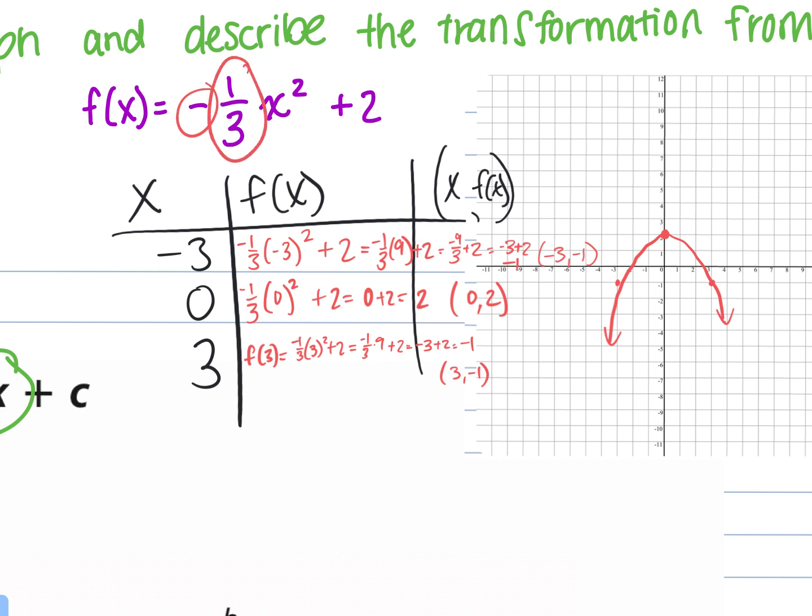Because of the 1/3. Remember, when that a value's absolute value is smaller than 1, it's going to shrink your graph. It's going to make it wider, more wide, more bowl-shaped. And then lastly, why is it shifted 2 units up? David, that's because of the +2, okay?